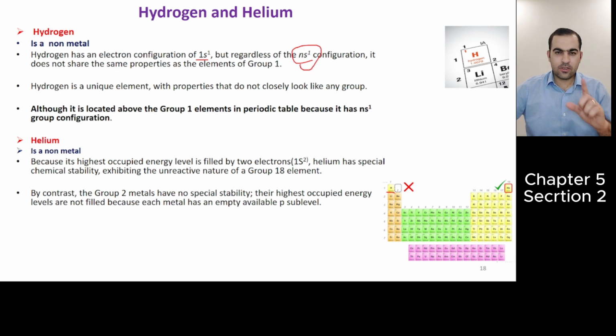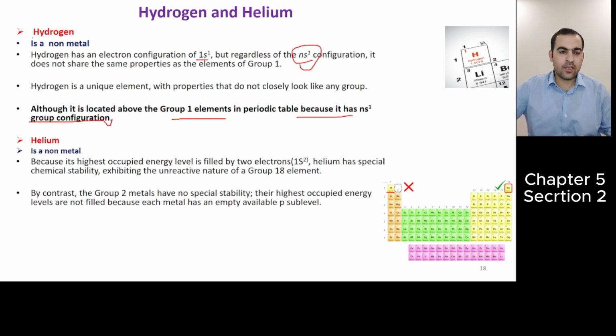It has only one electron in the last s. It has ns1 as its group configuration, so it has only one valence electron in its outermost shell. That's why we have placed it above group 1.